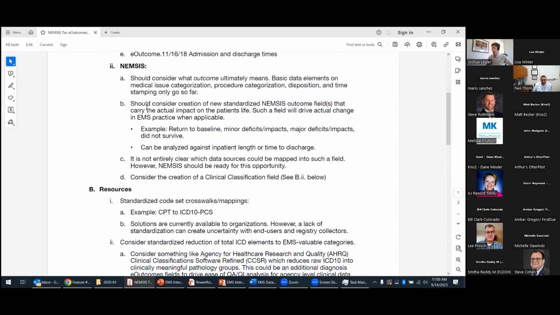I think we'll get to these in a future call, but what does outcome ultimately mean? What important pieces of information are needed? Do we need to make any changes to NEMSIS to make a home for data elements that are not currently supported by NEMSIS that are outcome related? And which data sources would map into those elements if we did that?